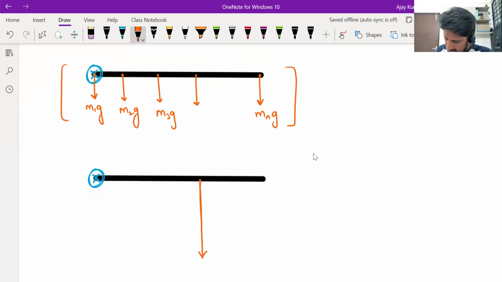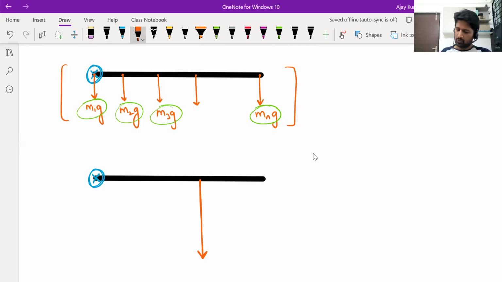Now, how did I decide that that single vector will be downward? Because all the individual vectors are downward, their resultant will be in the downward direction only, no? So that's the resultant that we want. Now, first vector's magnitude is m1g, next is m2g, so on up to mng. If you add all of them, you can directly add, because all the vectors are in the same direction. You can directly add their magnitudes.